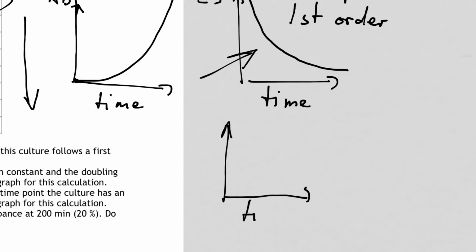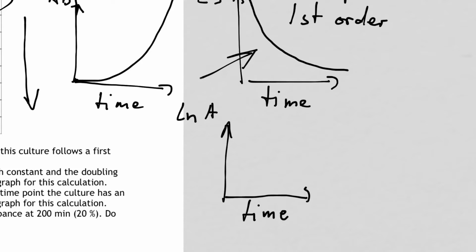So we plotted time. And what did we plot here on the y-axis? What did we say we need to do? Loud. Which log? The natural log, exactly. It was ln of A.